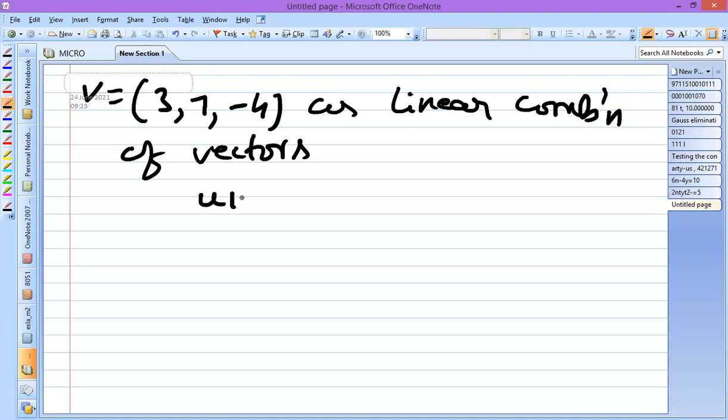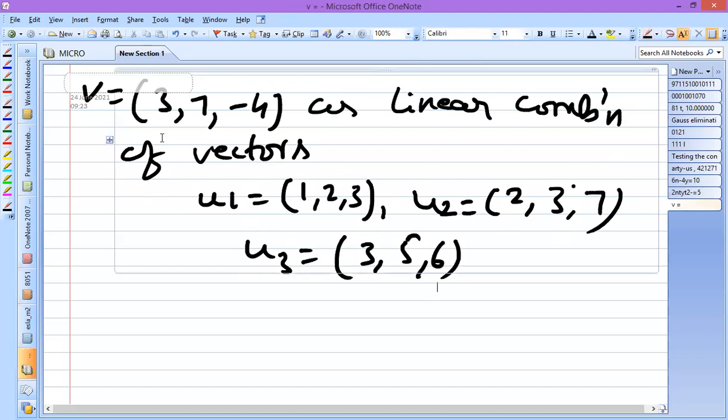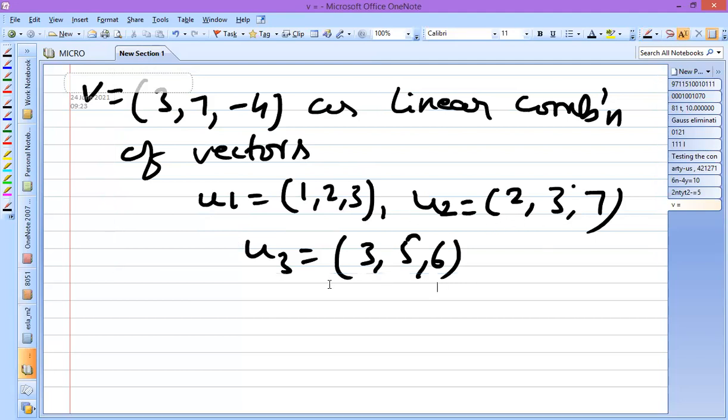Three vectors are given: U1 is equal to (1, 2, 3), U2 is equal to (2, 3, 7), and U3 is equal to (3, 5, 6). So take the problem. Express V equal to (3, 7, -4) as a linear combination of the vectors U1 equal to (1, 2, 3), U2 equal to (2, 3, 7), U3 equal to (3, 5, 6).